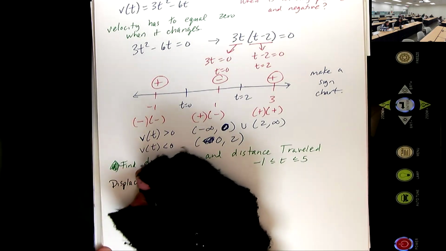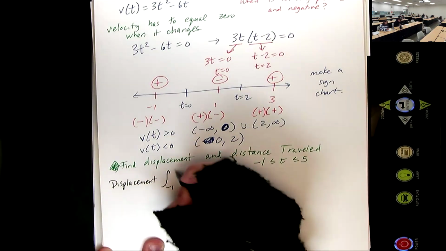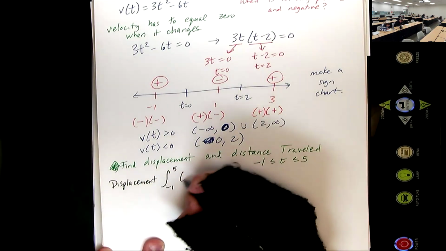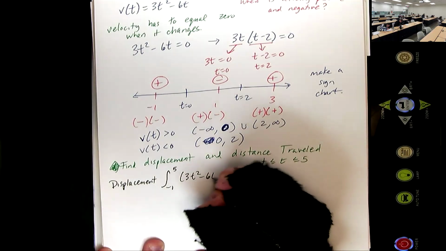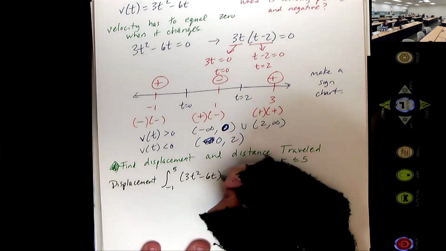The displacement, we just do the integral, -1 to 5, 3t squared minus 6t dt.